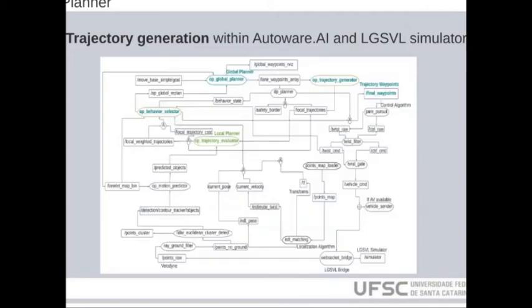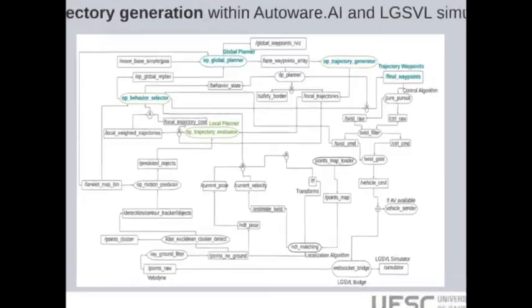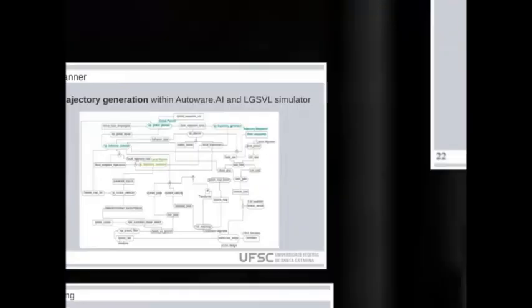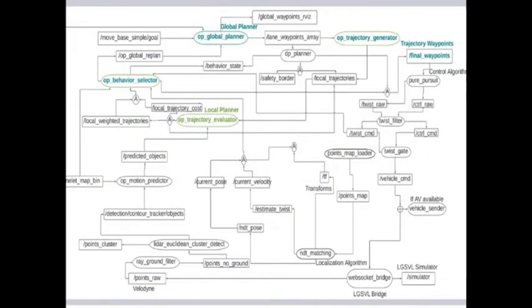Okay, so now I'm going to explain the trajectory generation with Autoware AI and LGSVL simulator from the Open Planner.